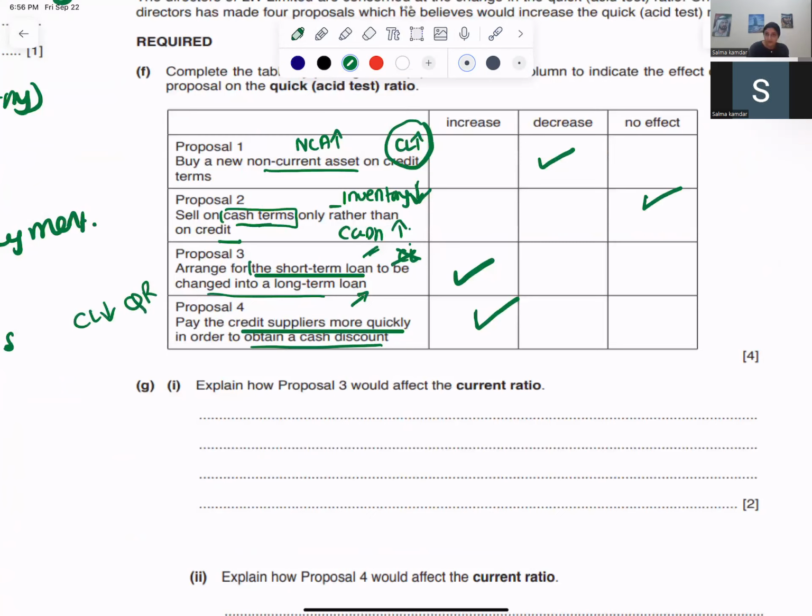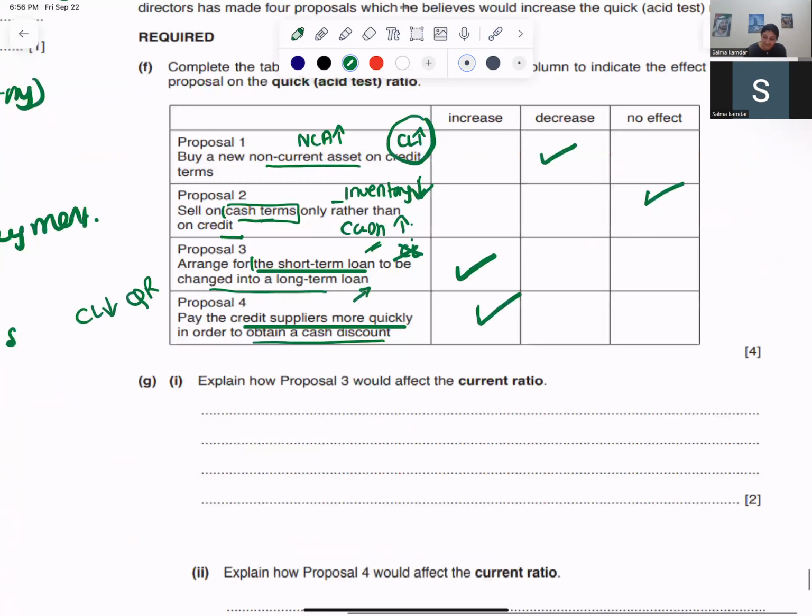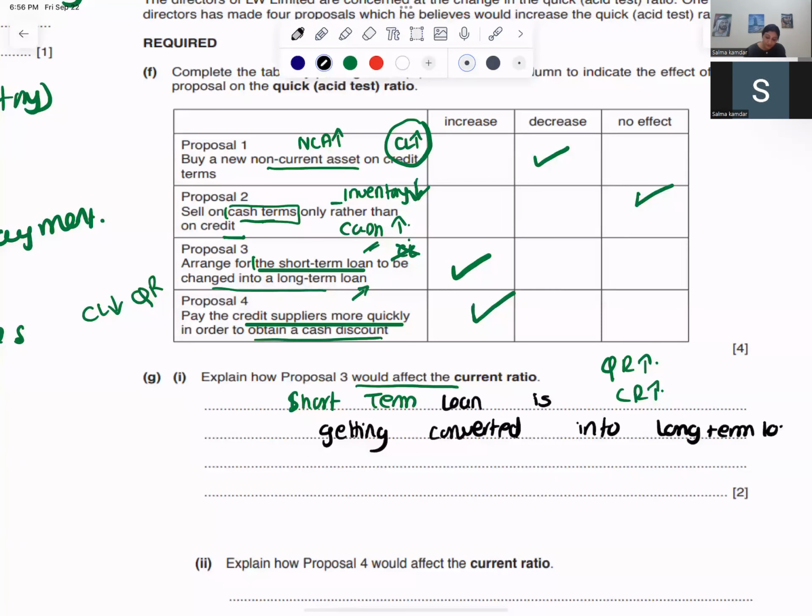So if the short-term loan is getting converted into long-term loan, current liability is decreasing and current assets have no change. If current assets have no change, your current ratio would increase.